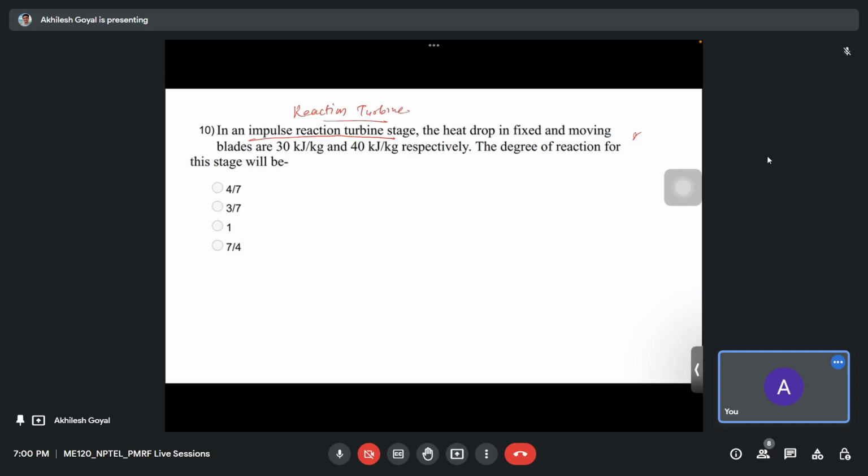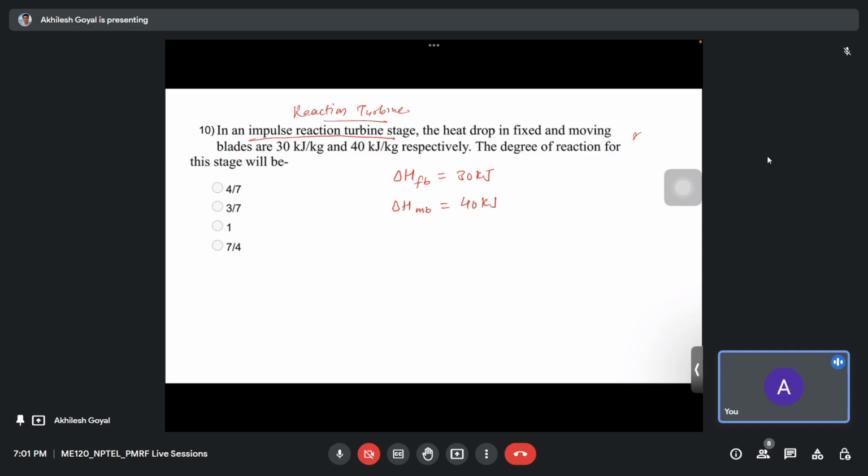The heat drop del H in fixed blade FB is 30 kilojoule, and del H in moving blade MB is 40 kilojoule.